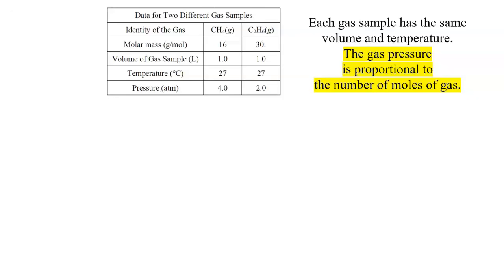Now what I can see in this data table is that the pressure of the CH4 sample is 4 atmospheres, and the pressure of the C2H6 sample is 2 atmospheres. Remember, the gas pressure is proportional to the number of moles of gas under these conditions of constant volume and temperature.